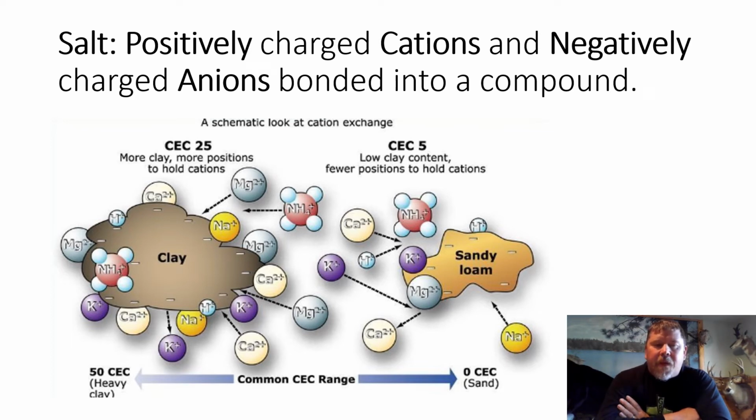However, if we're flooding that system with a bunch of salts, the salts then are taking up a bunch of spots in that system, and it's way harder for the beneficial nutrients that we want to move through there to get to the plant, because all the bonds are getting taken up by these salt compounds.